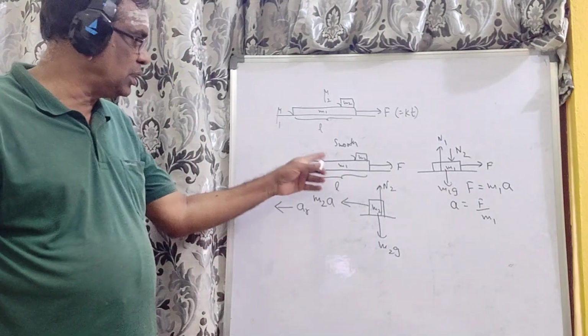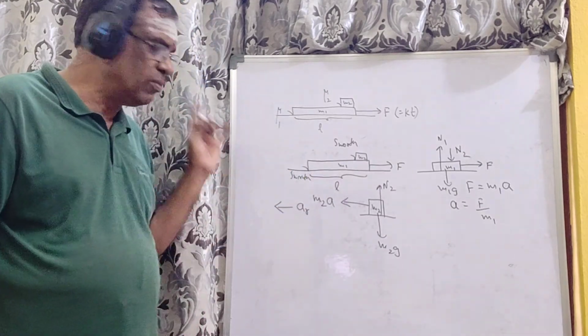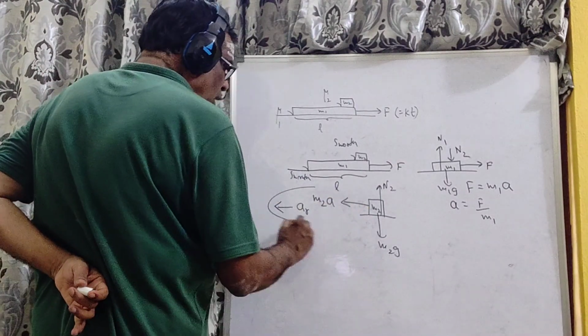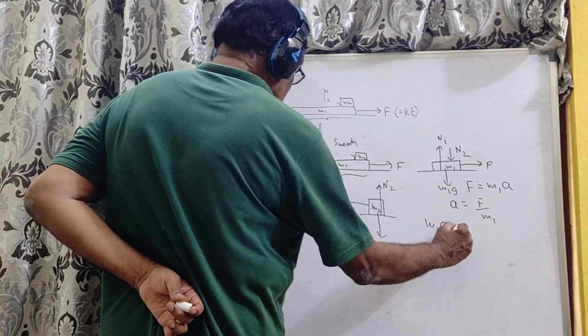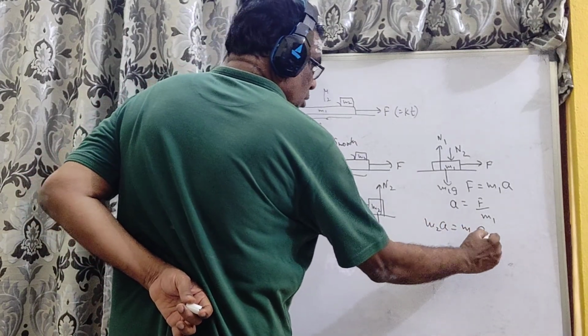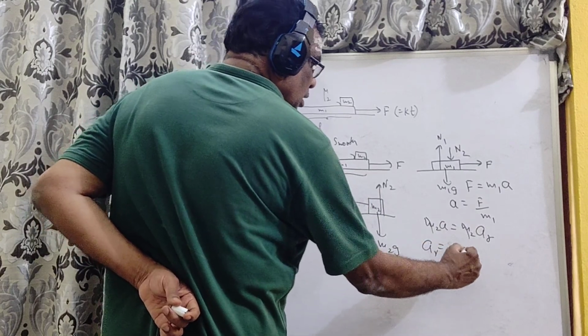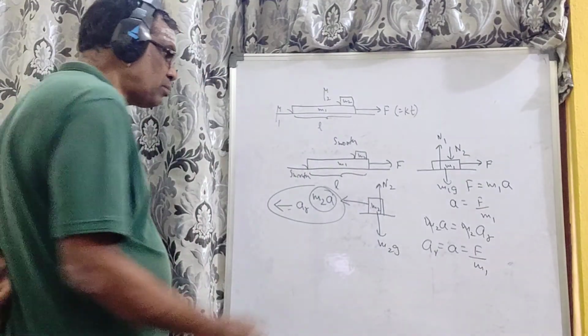Now look, I'm taking the most simple of all the cases and then working on. If this is AR, then this is the only force that is acting. So M2A is equal to M2 into AR, or AR is equal to A is equal to F by M1.